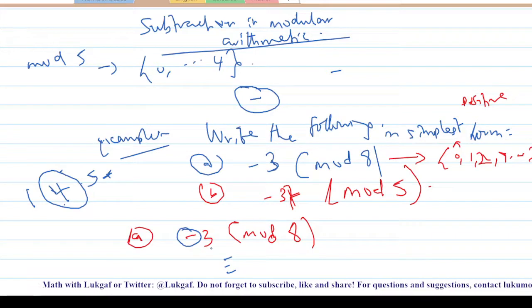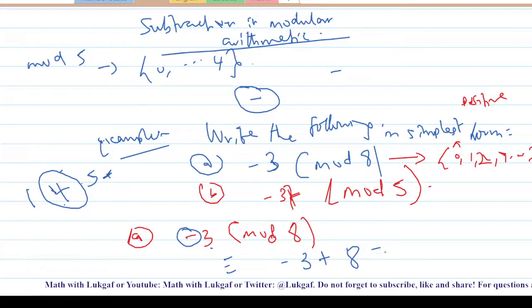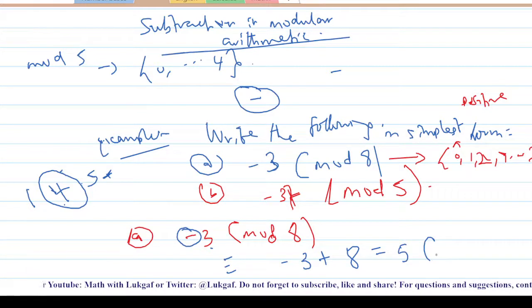Considering the multiples of 8, the closest multiple of 8 that is greater than 3 is 8 itself. So it means you are going to add 8 to this number. So this will give you 5 mod 8. It is not difficult. Don't worry.